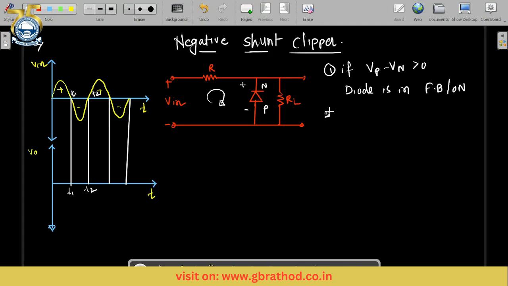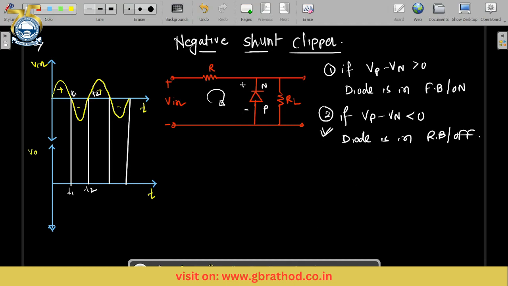And the second condition, if Vp minus Vn is less than 0, the diode is in reverse bias, or you can say it is off. Now in this circuit, the negative terminal is positive and the positive terminal is negative, so definitely we can say the diode is in reverse bias.